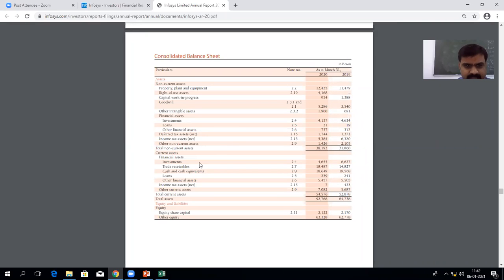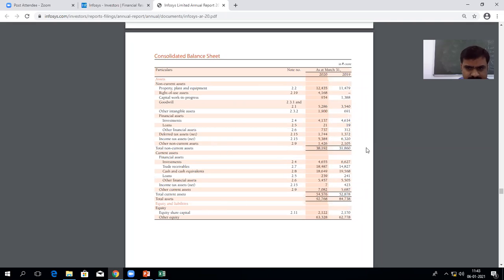The total assets they had how much? 38,192 crores, and the previous year it was 31,860 crores. Is it an increase or decrease? Increased.